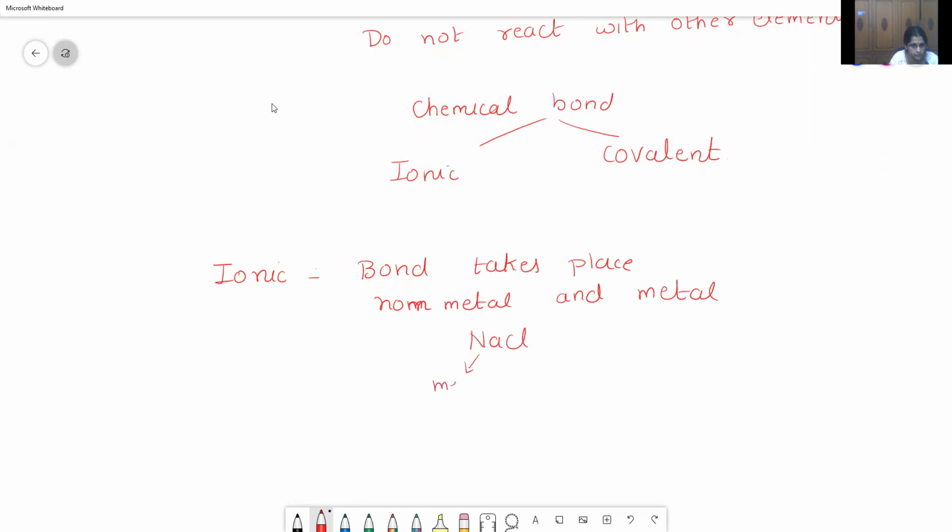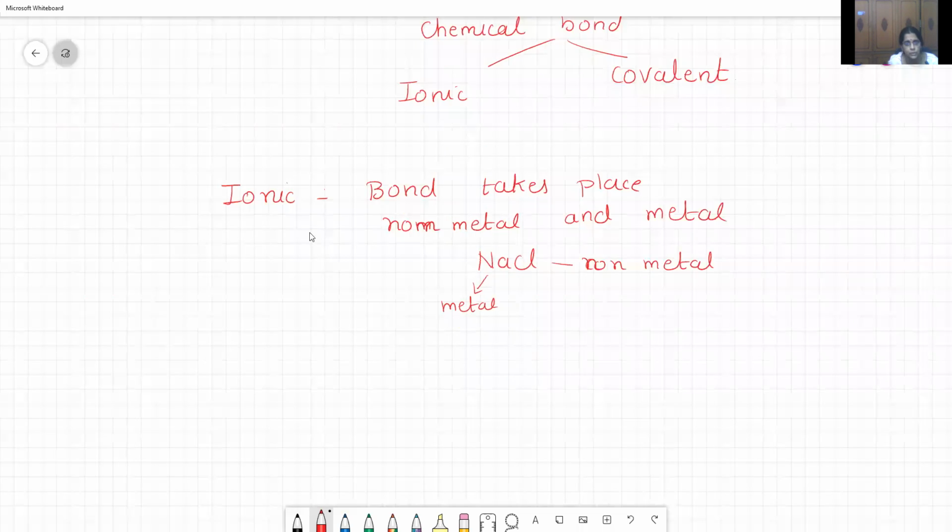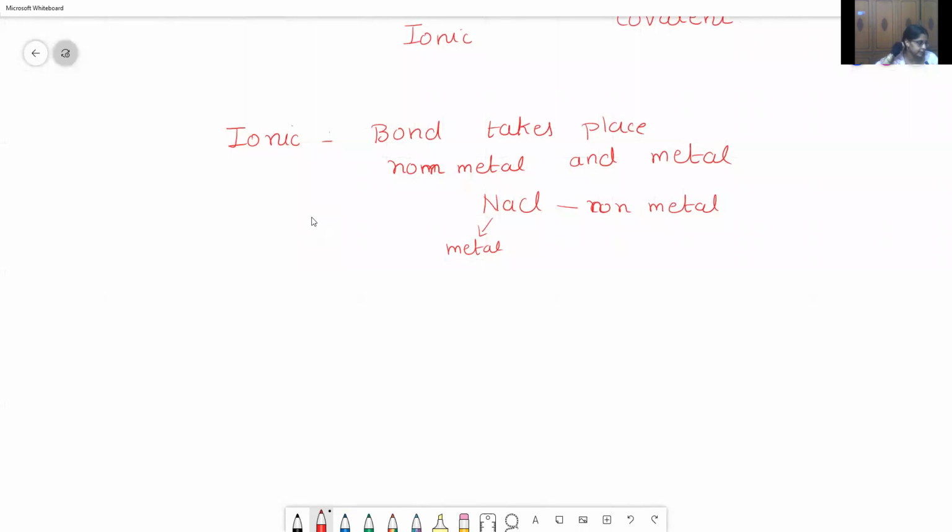Sodium is a metal, chloride is a non-metal. So an ionic bond usually takes place between a metal and a non-metal. So you can have other things like potassium fluoride, magnesium chloride, many things like that.